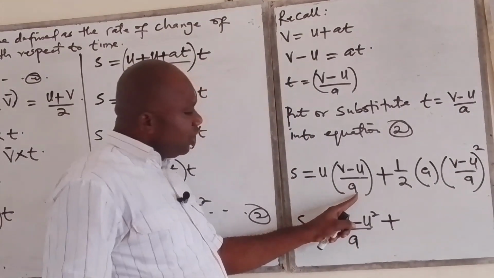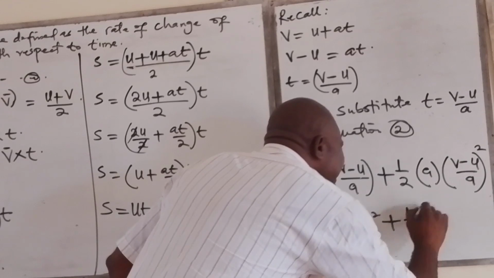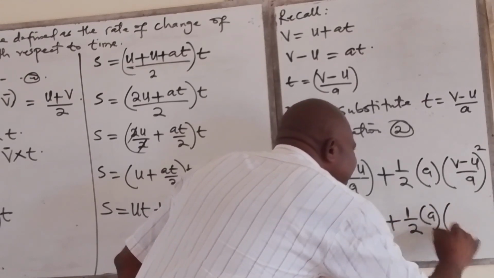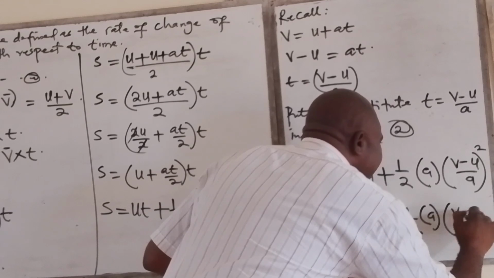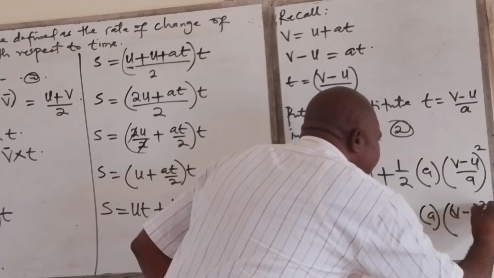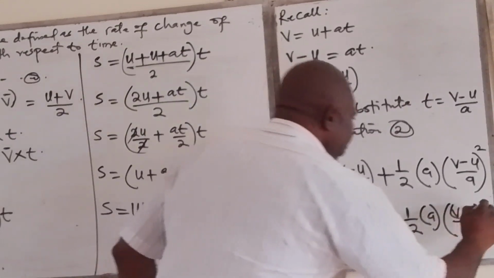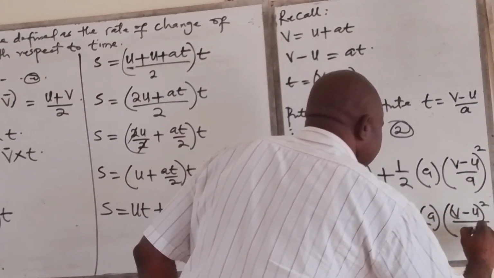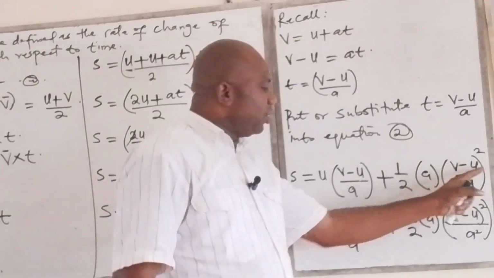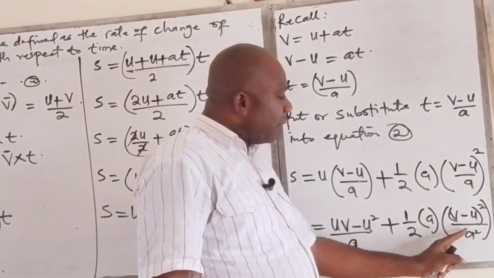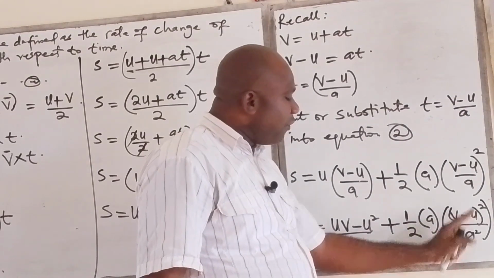Then plus half in brackets a, then v minus u all squared, all over a squared. Yes, all over a squared. Because what we have here is v minus u all over a, all squared, I'm separating this, so v minus u squared, and here we have a squared.